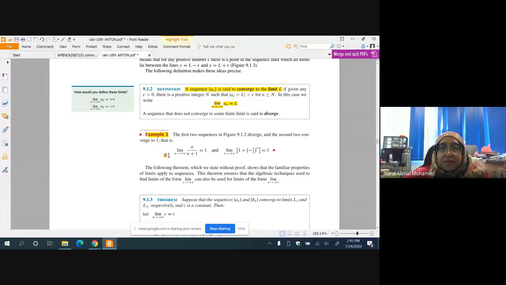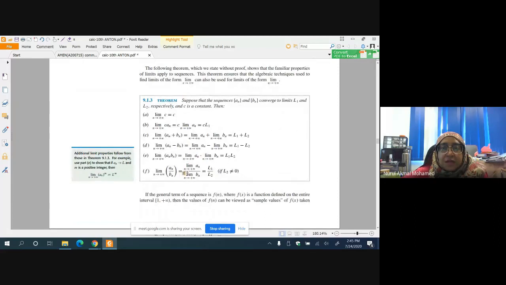Okay, so the limit as n tends to plus infinity is equal to 1. So the sequence is converging to 1. And then for the second one, you already checked with the calculator that this one goes to 0. So the limit goes to 1.